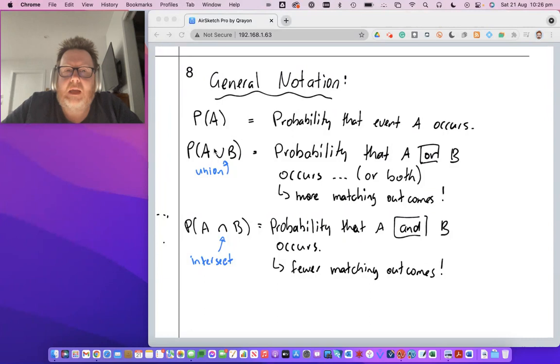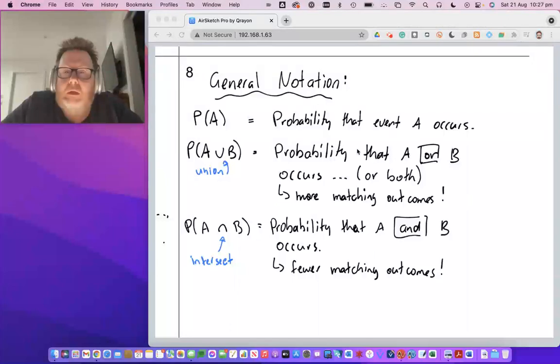If you see A and then this U shape, B, we say A union B, that's what I've got in blue there. When you see the union symbol, think of it like OR. So the probability of A union B means the probability that event A or event B happens, and really importantly, or both. As long as it matches one part or the other, then it's a match.